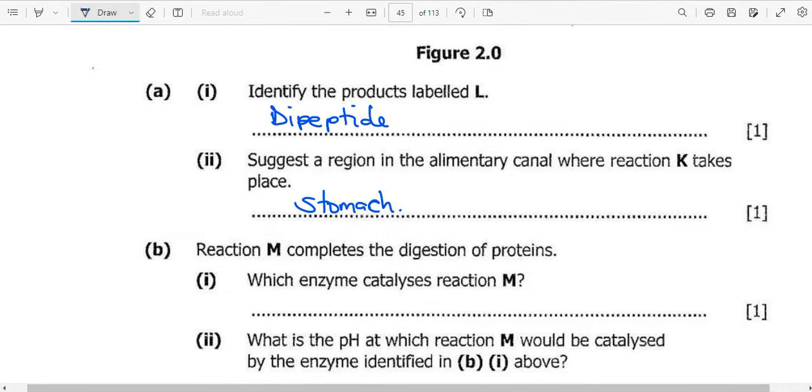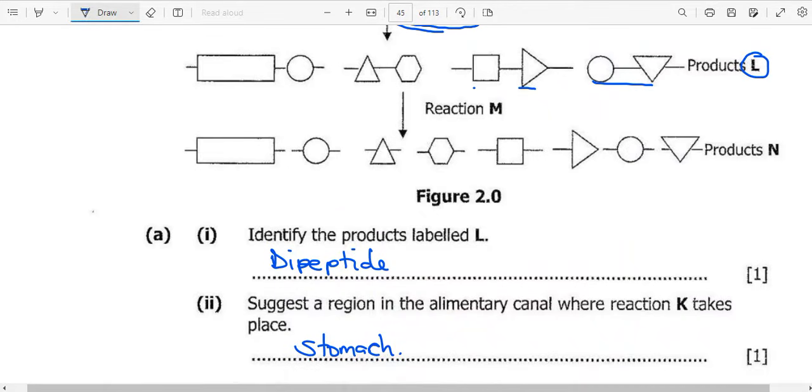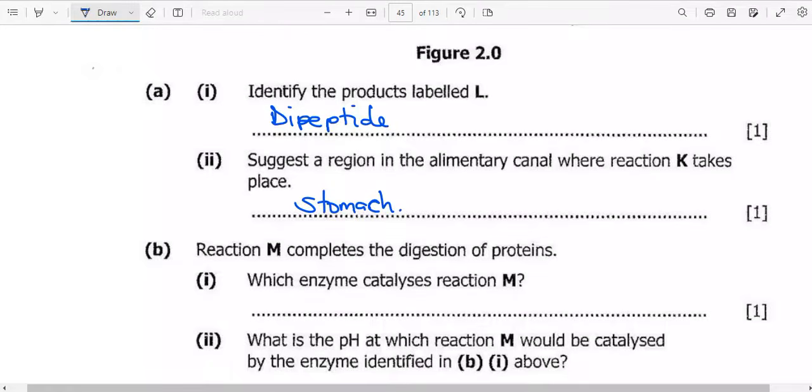Okay, reaction M completes the digestion of proteins. So we have reaction M, which completes the reaction. Now when we look at the question, reaction M completes the digestion of proteins. So which enzyme catalyzes reaction M?